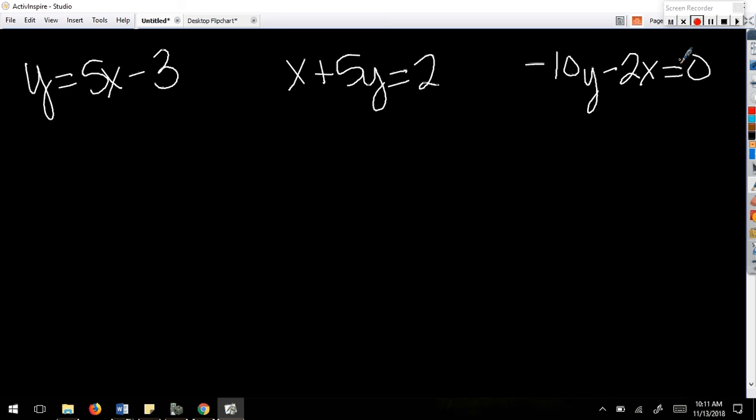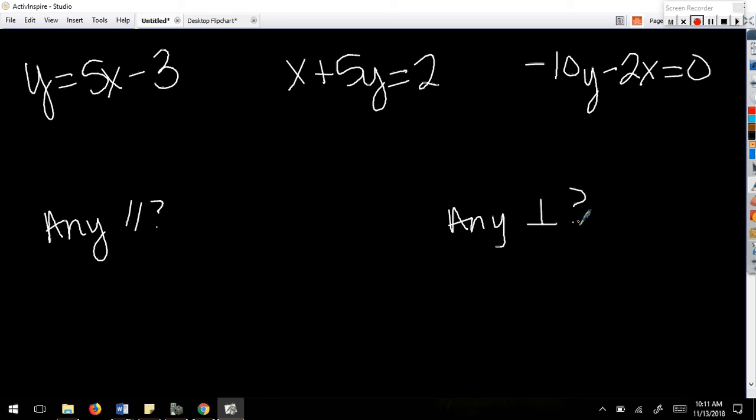But my question to you, looking at these lines, is are there any that are parallel and are there any that are perpendicular?